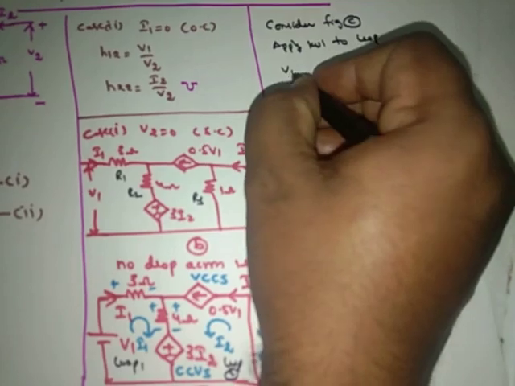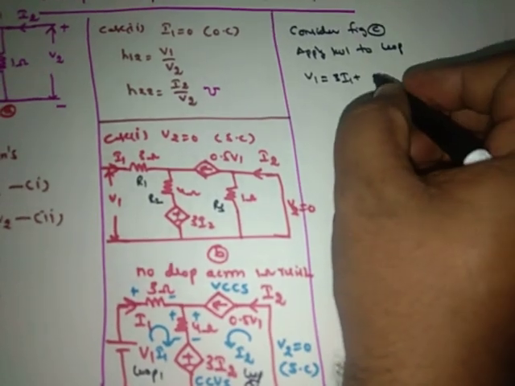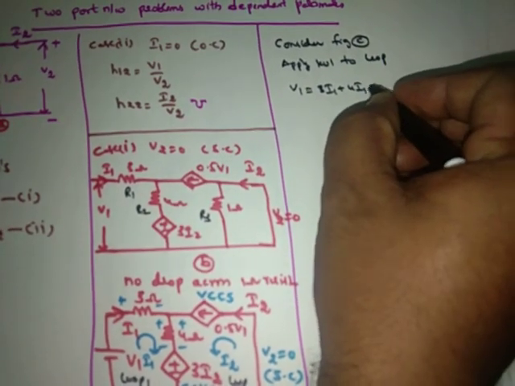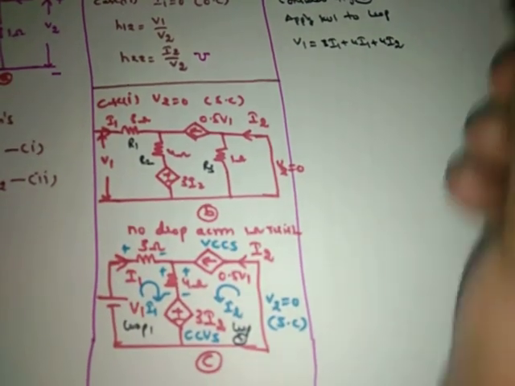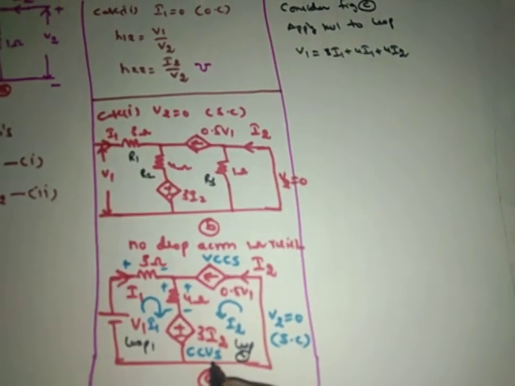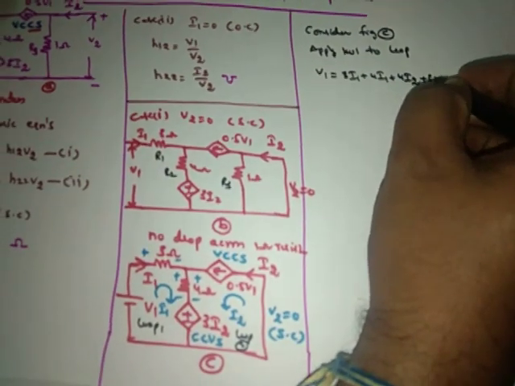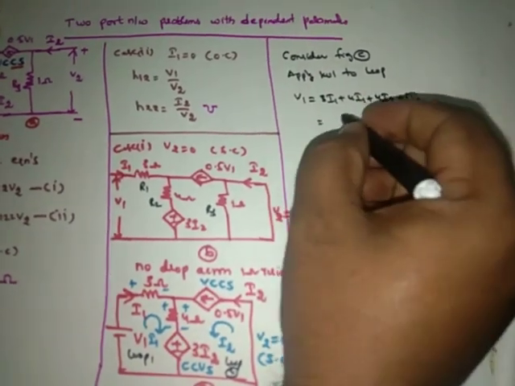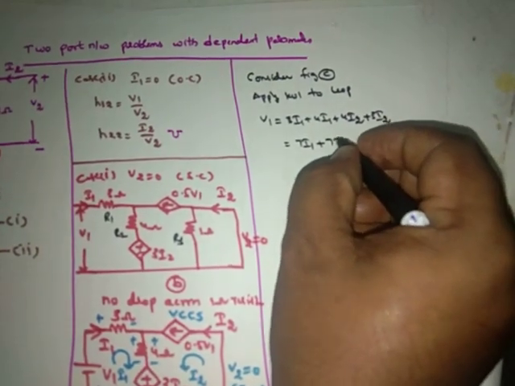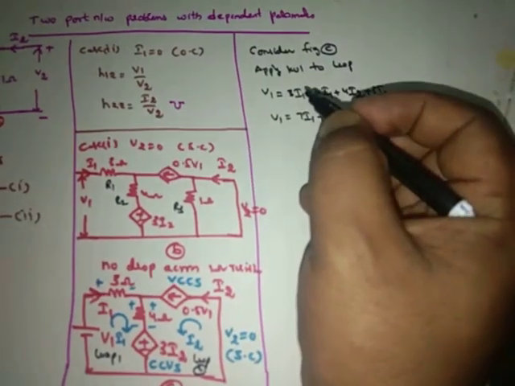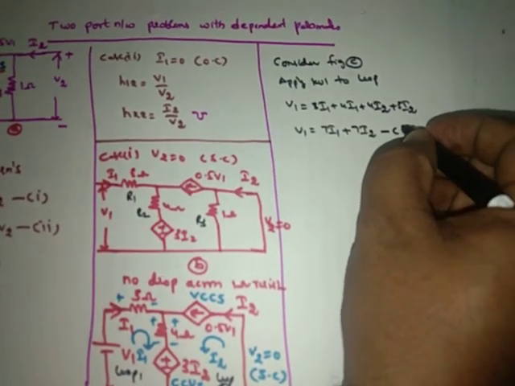Now I am writing directly V1 is equal to 3I1 plus 4I1 plus 4I2, and this is a current controlled voltage source, so plus 3I2. Now simplify this: V1 is equal to 7I1 plus 7I2. This is equation 1.